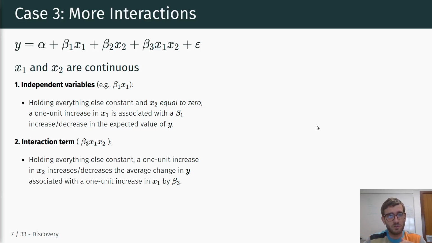The interaction term equivalently tells us how the slope of x2, or the change associated with a 1 unit increase in x2, depends on x1, right? So both are equivalent. We can think of it as x1 changing the slope of x2 or x2 changing the slope of x1.